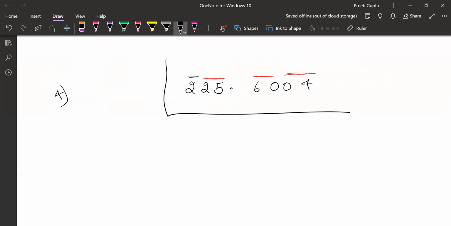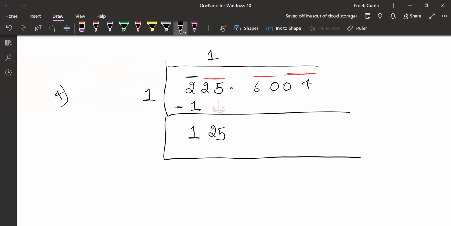As you can see, 2 is left out. 2 is not a perfect square, so we need to consider some square which is less than 2, and that's 1. So 1 one is 1. Subtract, then 1. Then the entire group will be carried forward, so 25, that is 125. Then here you need to take the addition of the previous divisor and the quotient, that is 2 over here.